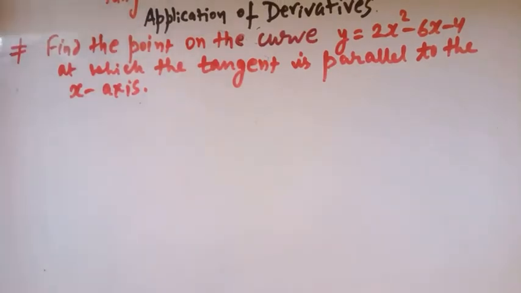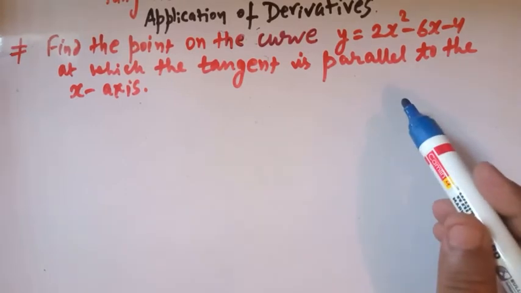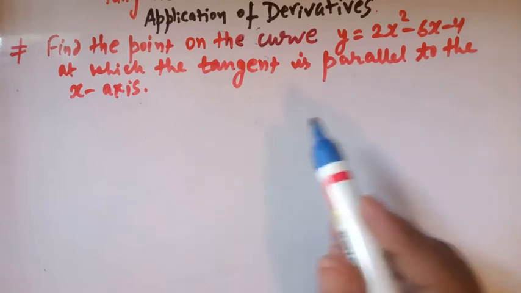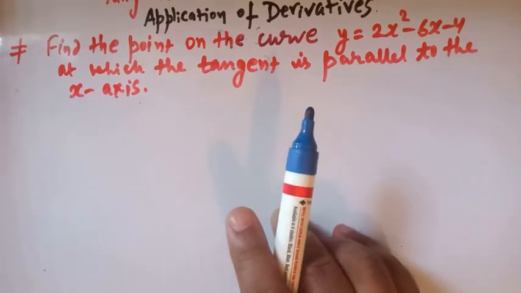So viewers, now I am taking some problems on tangents and normals which involve some different concepts. Clear? So in these questions we are not going to find directly the equation of tangent or normal, but we are given some other conditions. Clear?